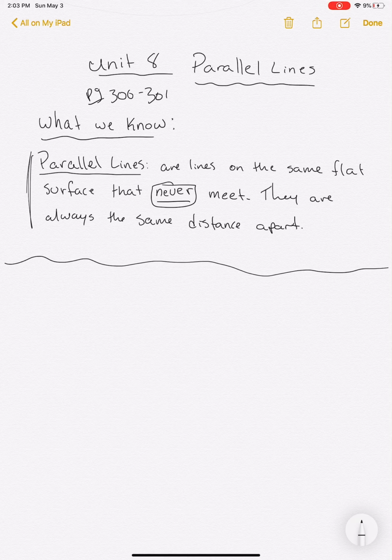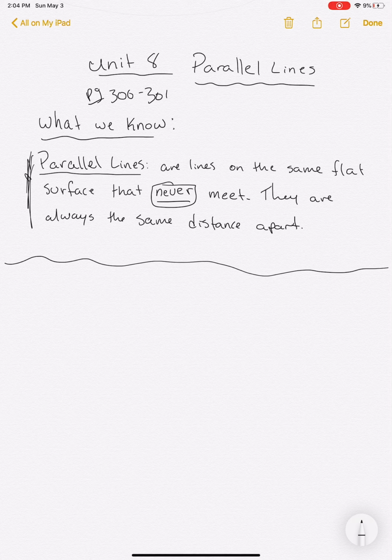Before we start, I wanted to give a quick, brief description of parallel lines. Parallel lines are lines on the same flat surface that never meet. They are always the same distance apart. So that's really key: they're on a flat surface, they never meet, and they're always the same distance apart.